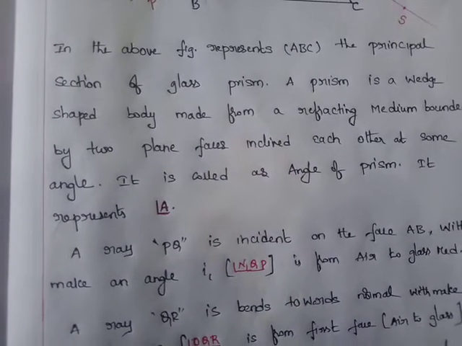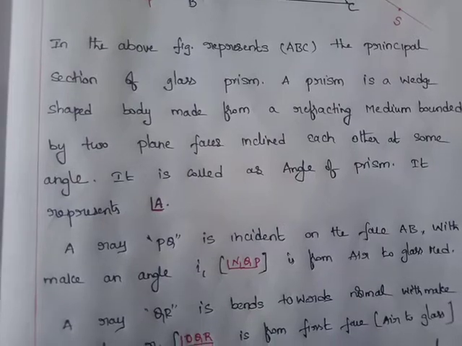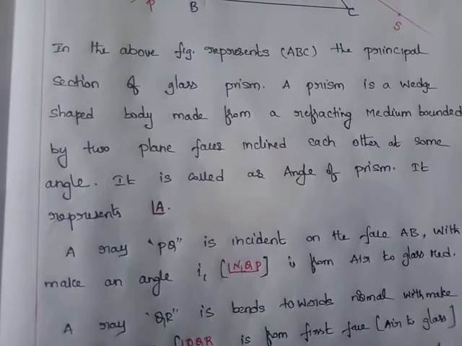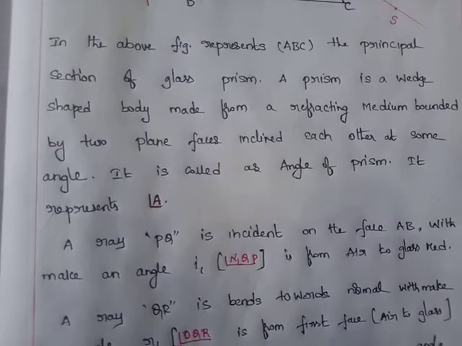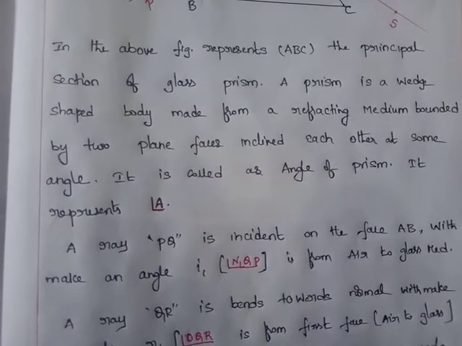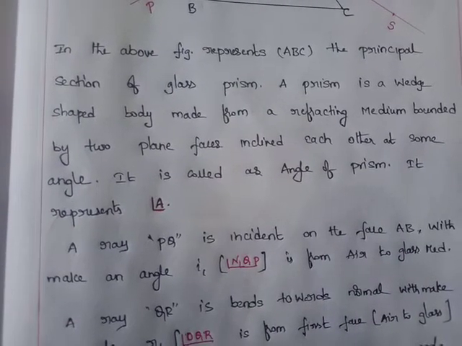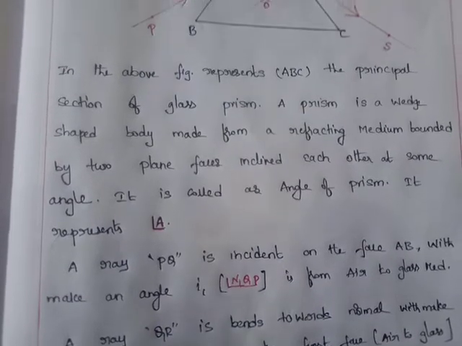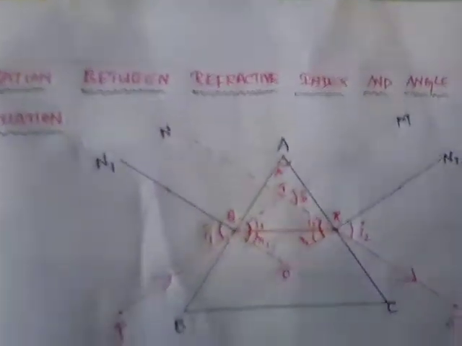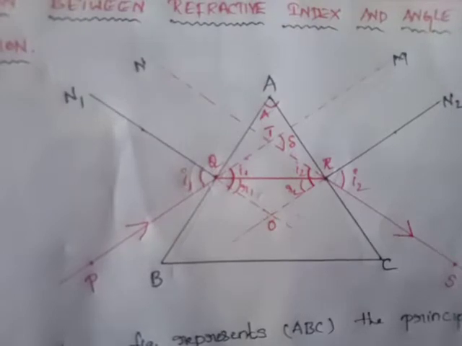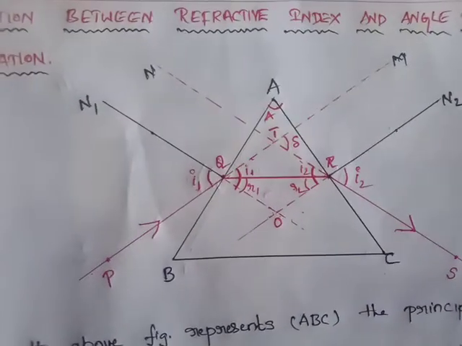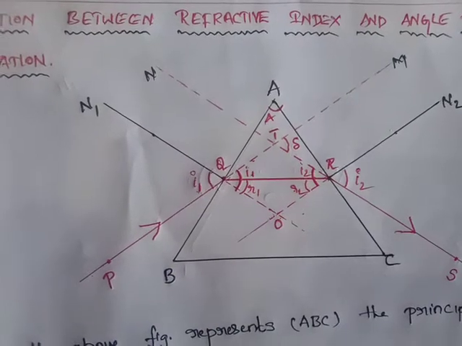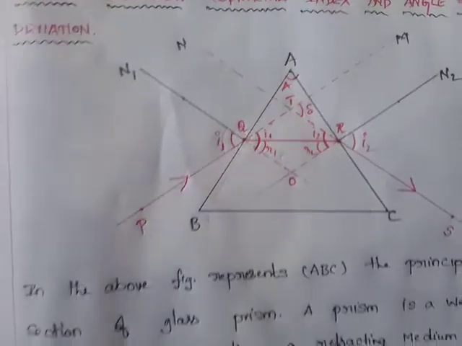A prism is a wedge-shaped body made of a refracting medium bounded by two plane faces inclined to each other at some angle. It is called the angle of the prism. It represents angle A.